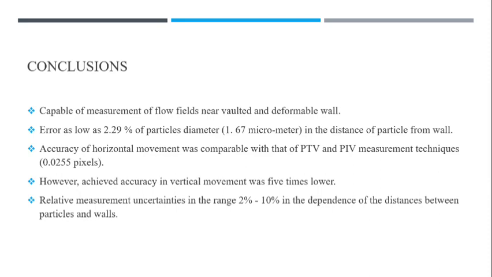Accuracy of the horizontal movement was comparable with that of PIV and PTV measurement techniques, which is 0.0255 pixels. However, achieved accuracy in vertical movement was 5 times lower. Relative measurement uncertainty was in the range 2% to 10% depending on the distance between particles and walls.